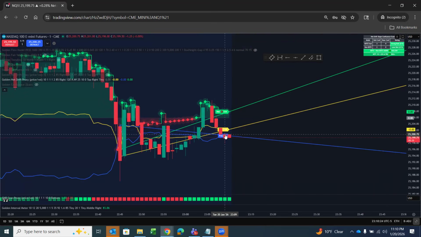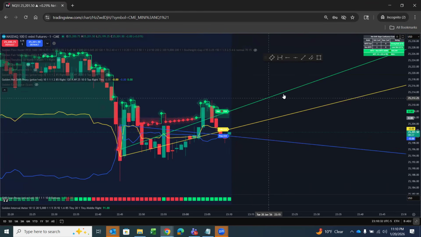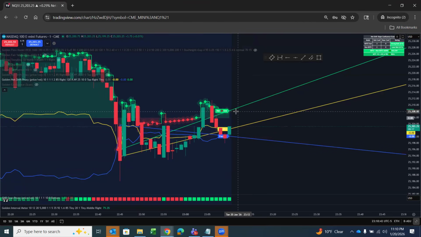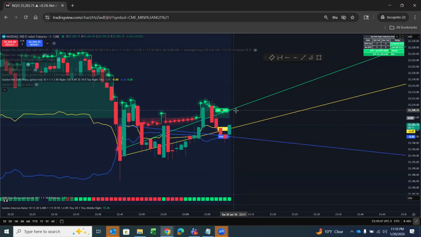And when the blue line is angling down, it means that bulls are not in control at the moment. And if bullish gamma is angling up, it is acting as a magnet. So price is being magnetized to 25,208.